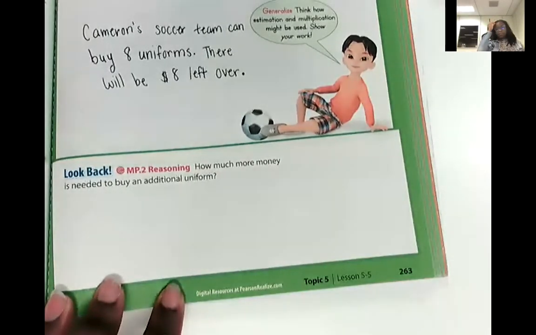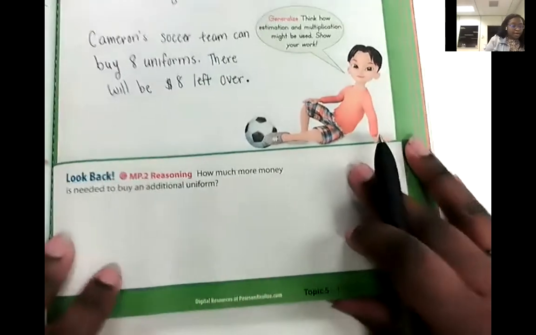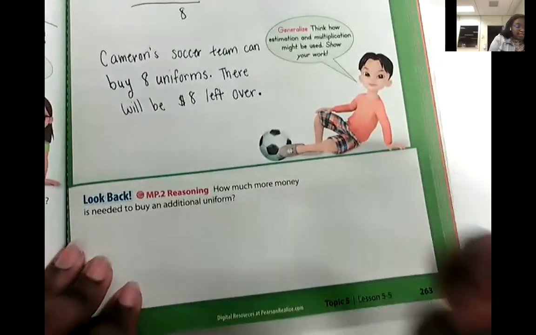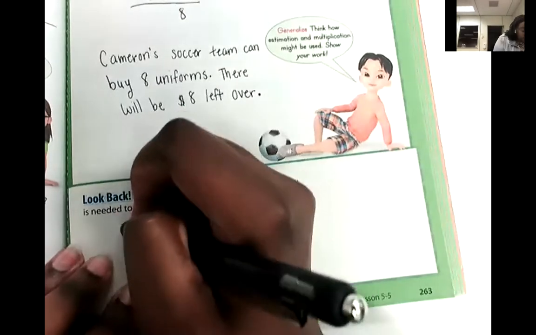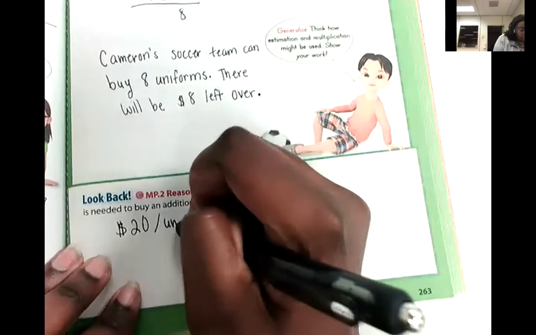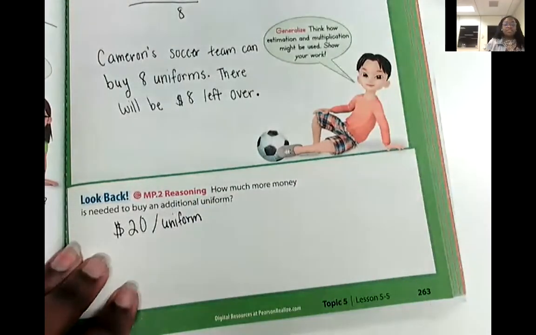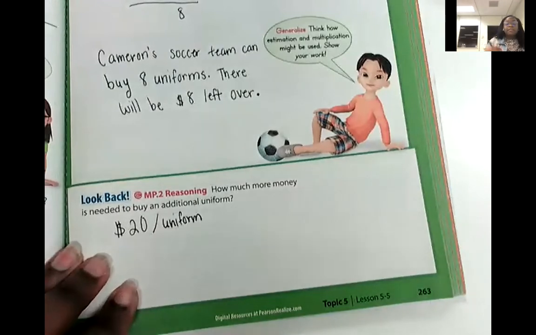How much more money is needed to buy an additional uniform? All right, well, if we know each uniform costs $20, right, per uniform, we already have $8. So we need to figure out how much money we have, how much money we need to be able to purchase an additional uniform.